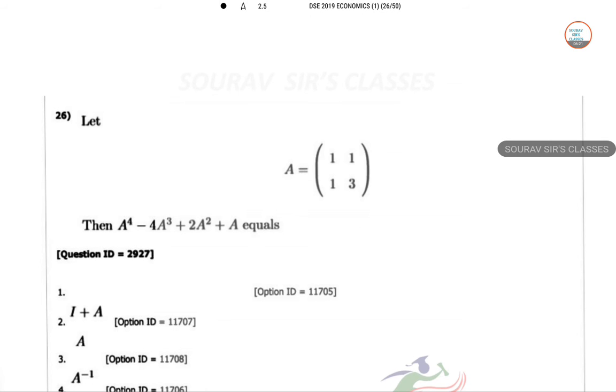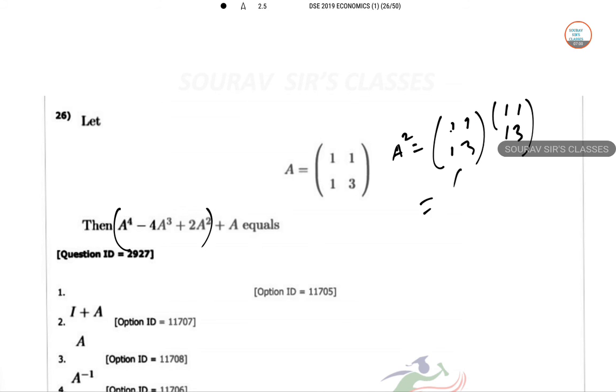26. So A and this total value. This time you need to calculate it directly. You can find the products directly and equate them with this structure. Let's see what is happening. So A square: 1 1 1 3 times 1 1 1 3.